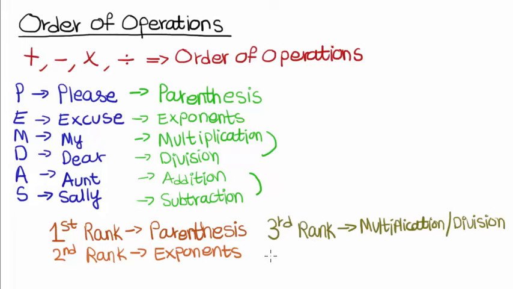And in the fourth rank, similar to multiplication and division, I evaluate addition or subtraction depending on what comes first when I'm evaluating my numerical expression from left to right. So these ranks over here are pretty much the more accurate version of PEMDAS that you should follow.